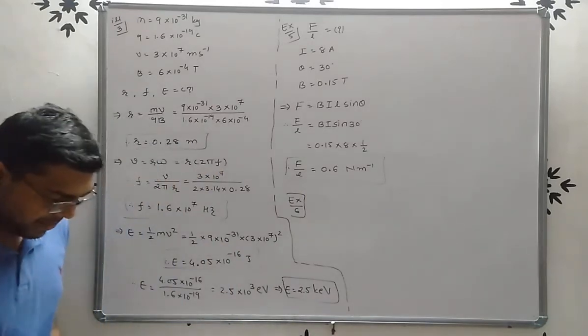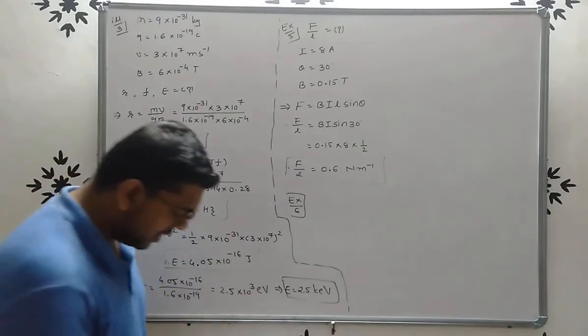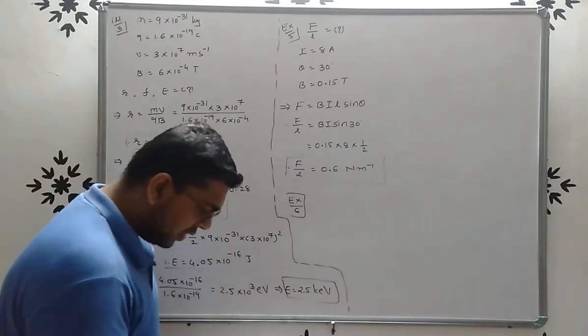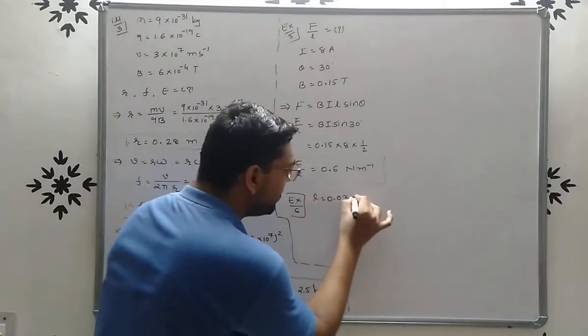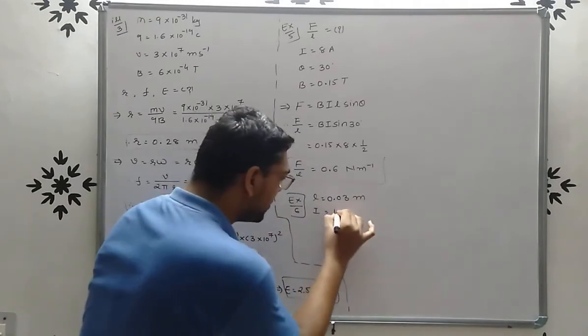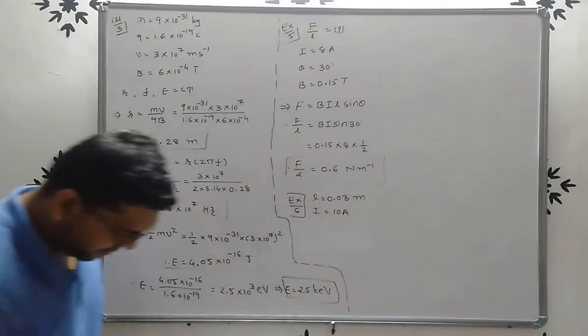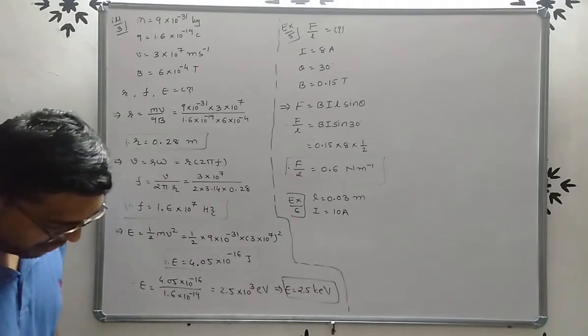A 3 centimeter wire carrying a current of 10 ampere. So here the length of the wire is 3 centimeter, so 0.03 meter, carrying a current of 10 ampere. So current I is 10 ampere, placed inside a solenoid perpendicular to its axis.